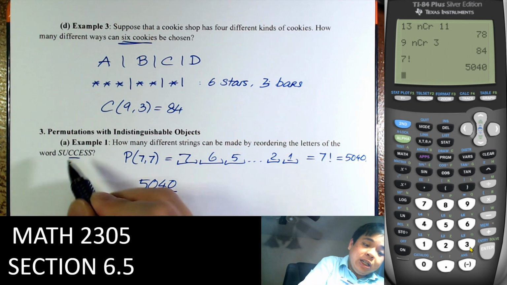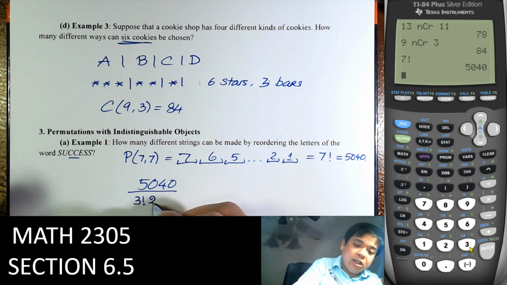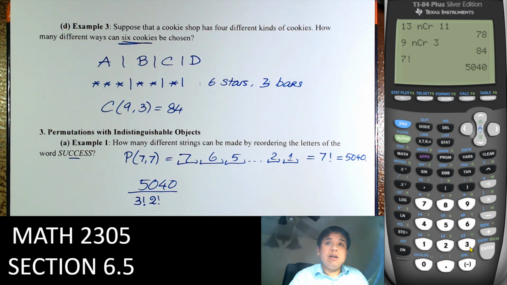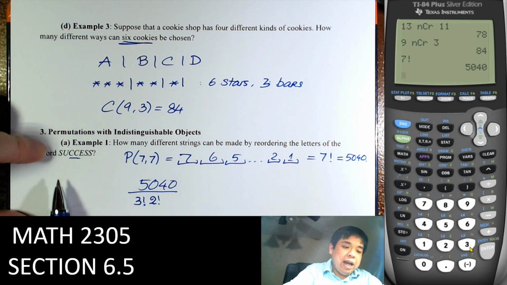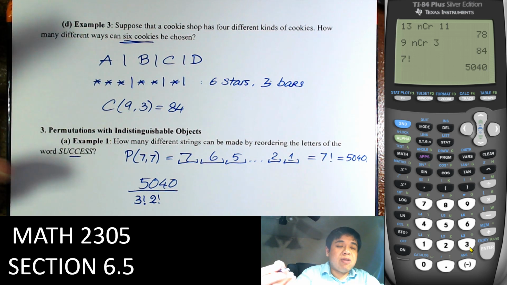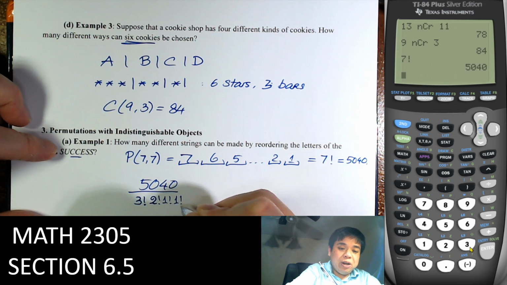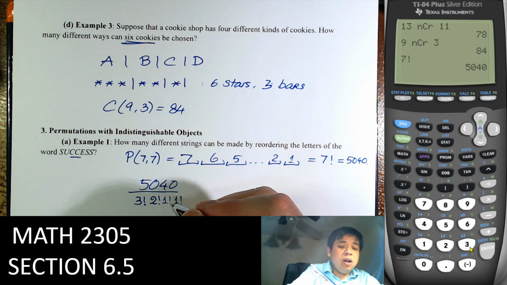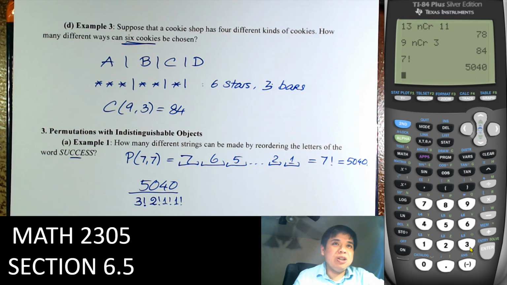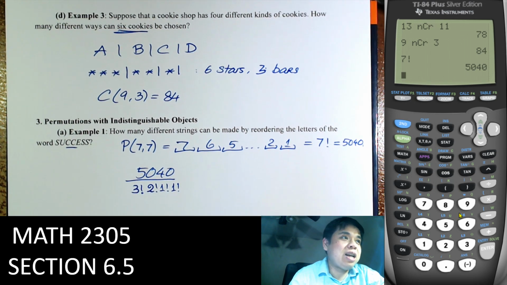And then the 2 c's interchange, so we have to divide by 2 factorial, because cc is still the same. And then 1 u and 1 e. That's fine, you can just say 1 factorial for u and 1 factorial for e, because 1 factorial is 1.